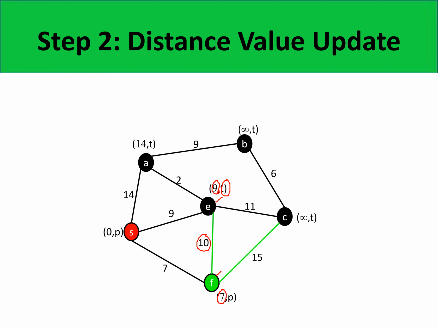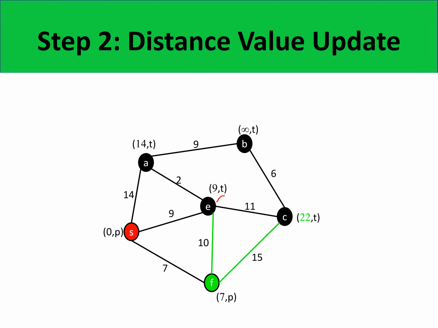So 17 cannot replace 9. Now, also, the vertex C is labeled temporary, and the vertex C is adjacent to F. So we add 7 and 15 and compare it with infinity. So 7 plus 15 is 22, which is less than infinity. So we must replace infinity by 22. Now, since S is also adjacent to vertex F, we cannot update it anymore because S is already labeled permanent.